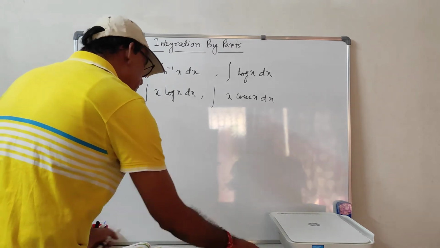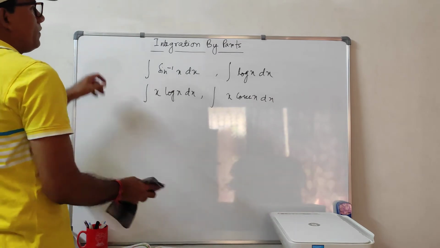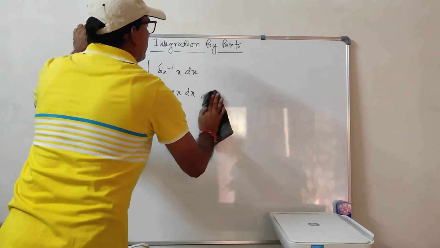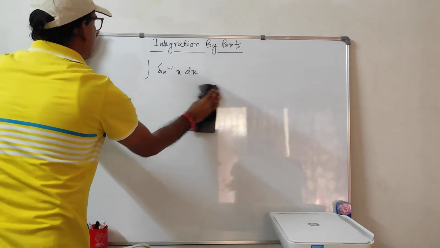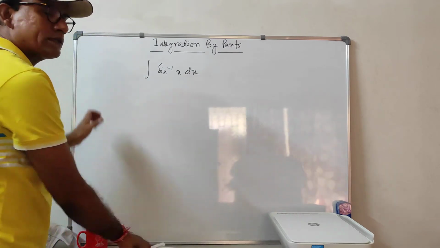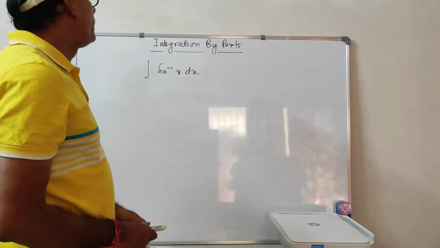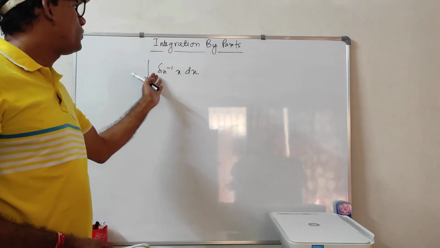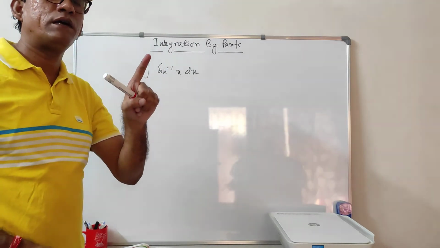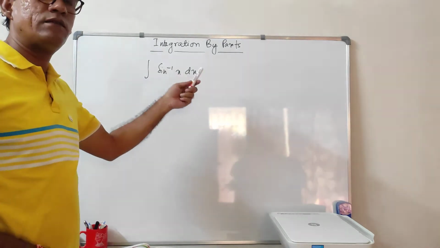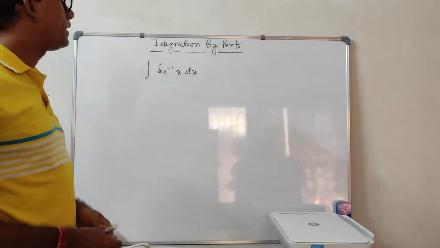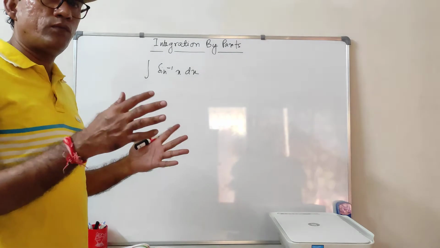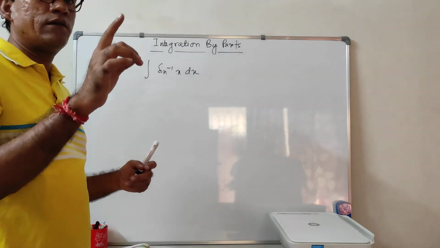So first, I solve this integral, sine inverse x dx. How can I solve? You may say there is only one function which is sine inverse x. It's an inverse circular function. So no u v, there is a single function.